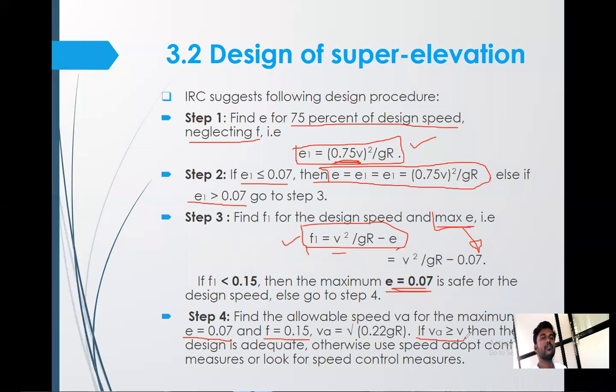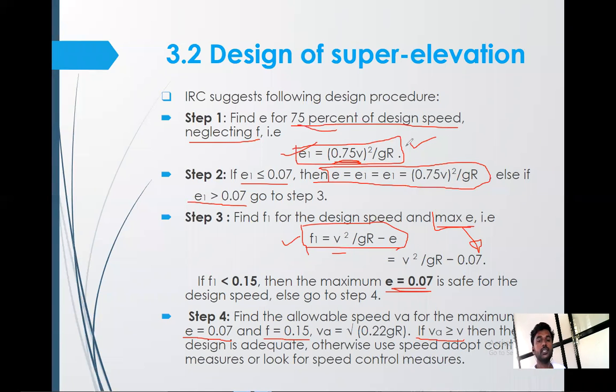In that case, we have to find the super elevation by the formula E is equal to V square upon GR, that is the first formula, by keeping F, that is lateral friction, as 0 and velocity V as 75% of the design speed.